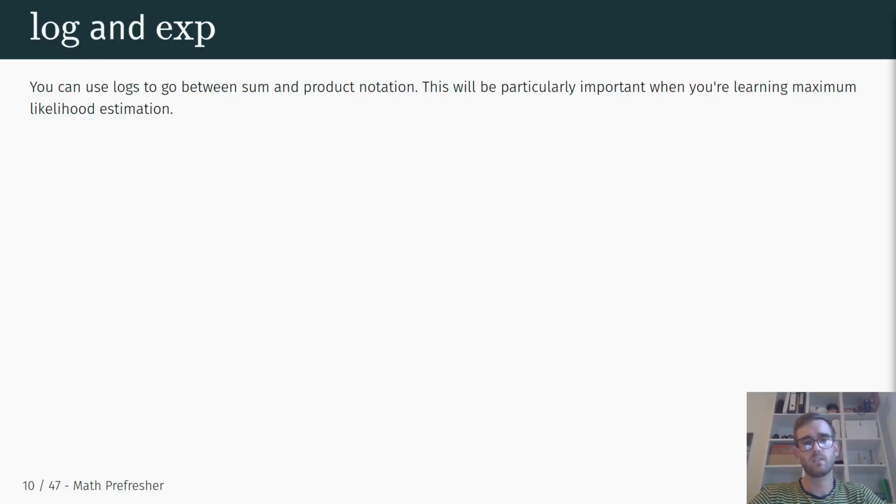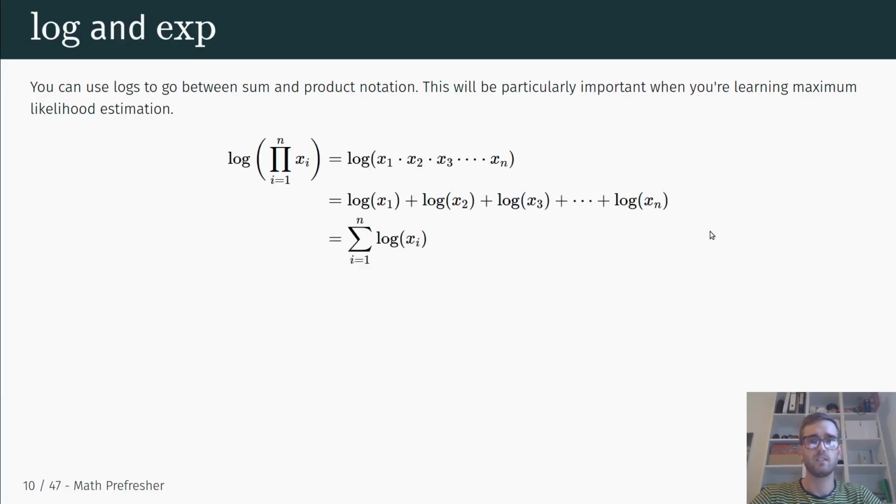One thing that is important to keep in mind as we move through this semester and going into the next semester is that we can use logs to go between sum and product notation. And this will be particularly important when we're learning maximum likelihood estimation, because ultimately we will have sequences that look somewhat like this.